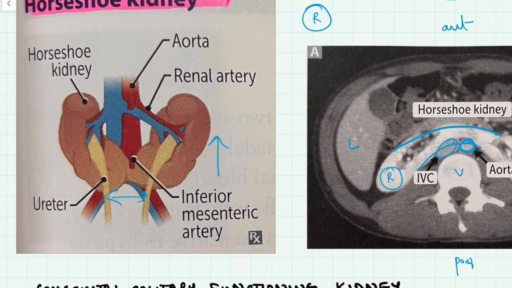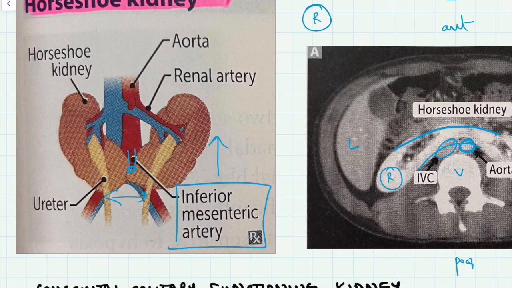Metanephros is situated deep inside the pelvis, and after the development, the kidney ascends upwards and takes place in the renal fossa. Due to this fusion, there is a problem with the ascent of the kidney, and why this happens is because of the presence of the inferior mesenteric artery. This artery is present, and this will prevent the ascent of the kidney up in the abdomen.